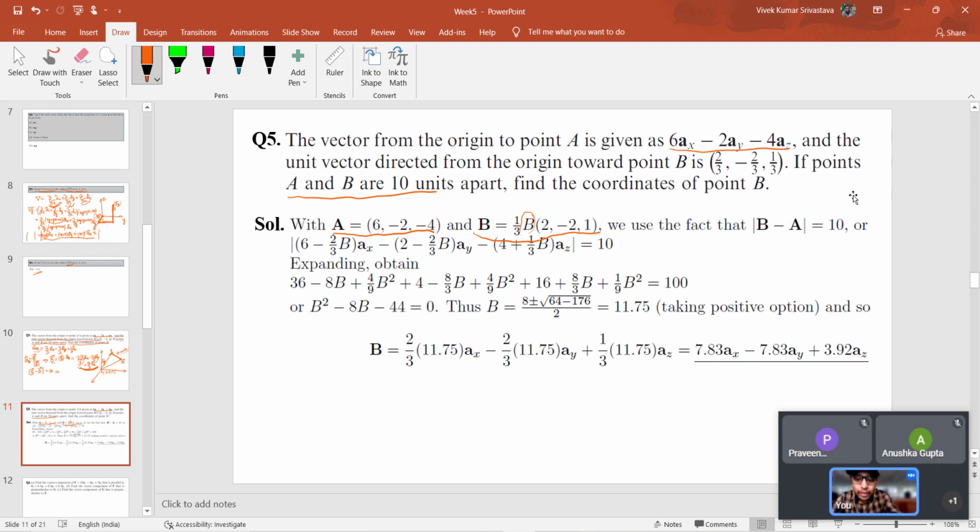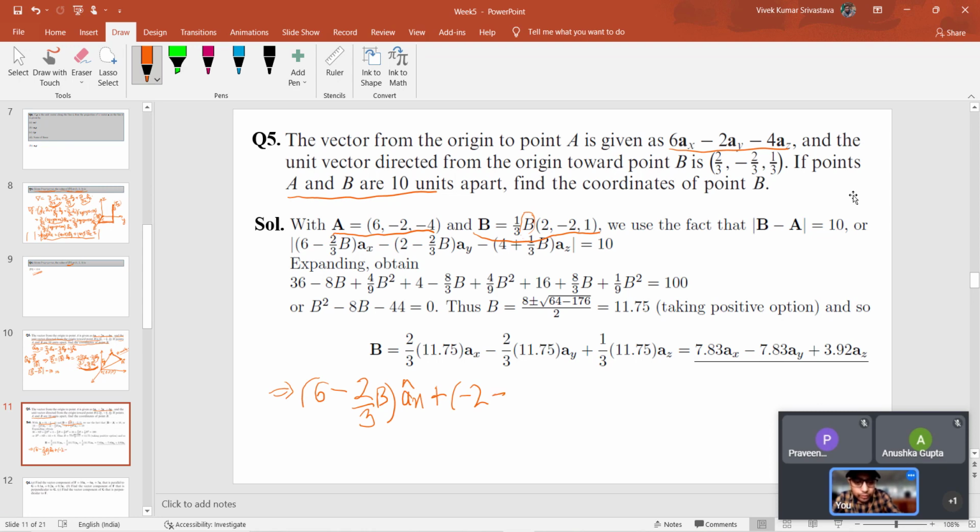Okay, so here I directly put the value of vector A and vector B. So this is equal to 6 minus 2 by 3 into B ax plus minus 2.